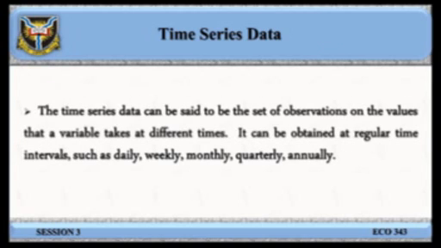Time series data. The time series data can be said to be the set of observations on the values that a variable takes at different times. This kind of data can be obtained at regular time intervals, such as daily, e.g., stock prices, weekly, e.g., money supply figures, monthly, e.g., government expenditure, consumer price index, quarterly, e.g., foreign direct investment, debts, annually, e.g., gross domestic product.